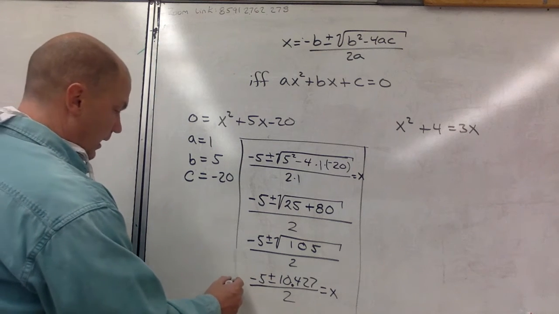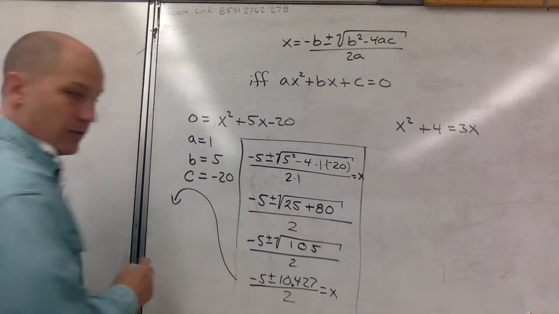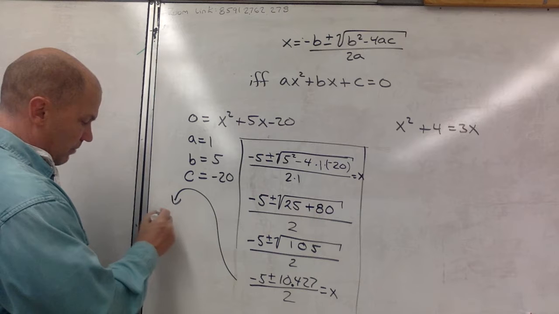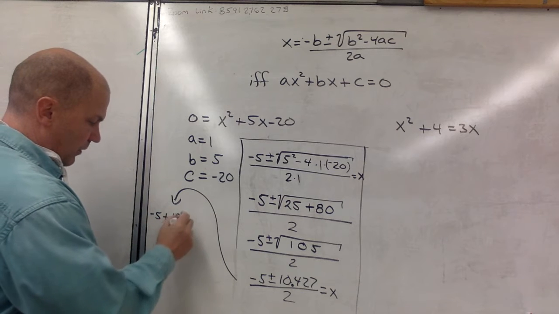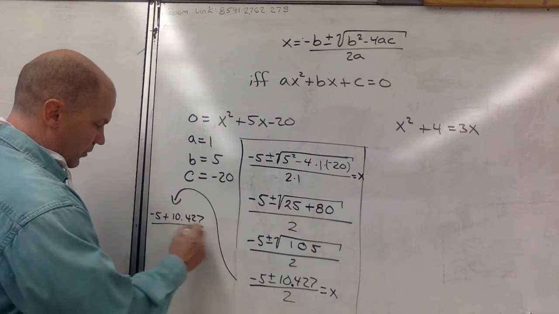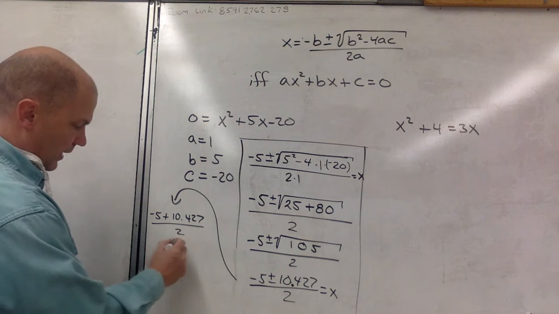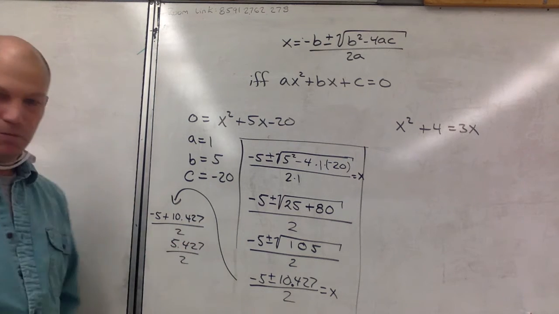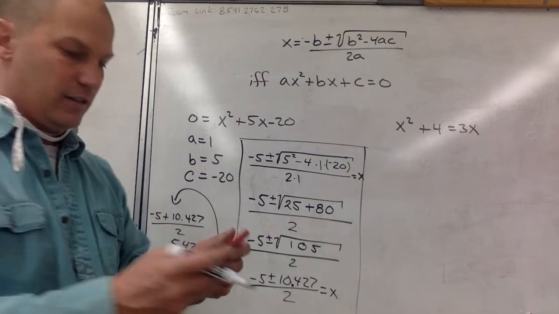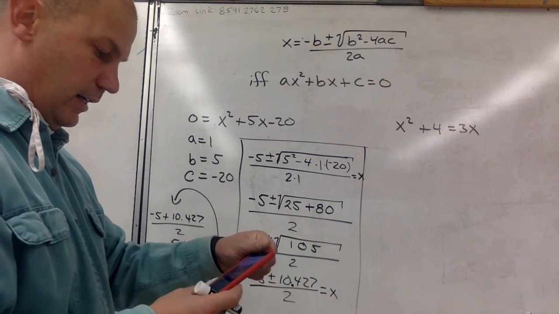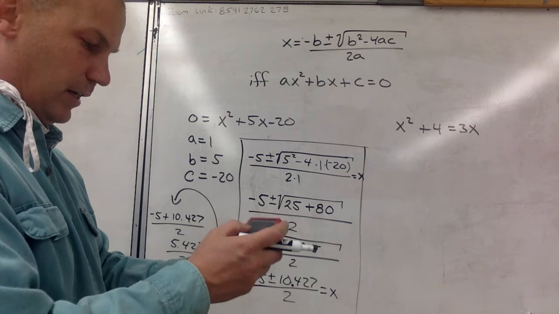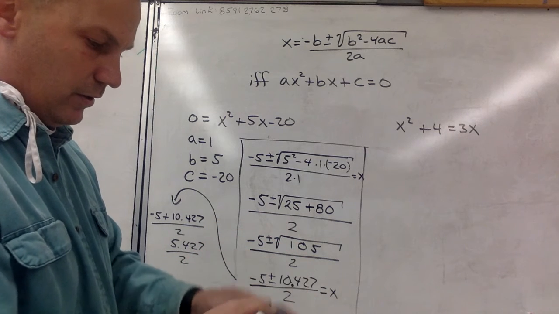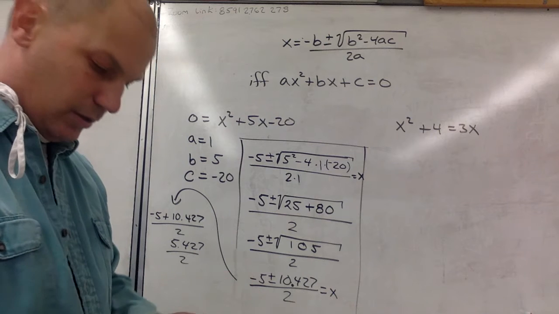And again, I can approximate this. So I'm going to do the first one. Negative 5 plus 10.427 over 2. Well, that's the same as 5.427 over 2. I pull out my trusty calculator, and I'm going to hit minus 5 equals, whoops, I don't know what happened.